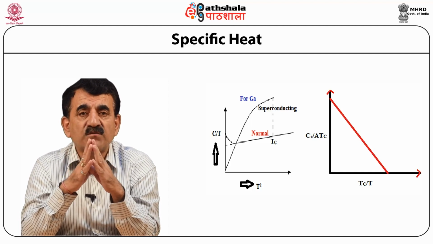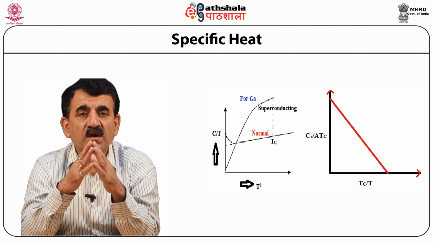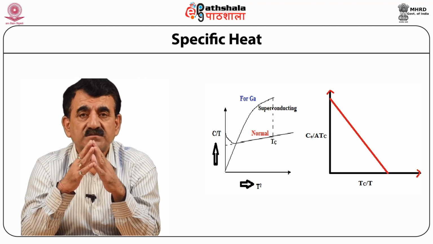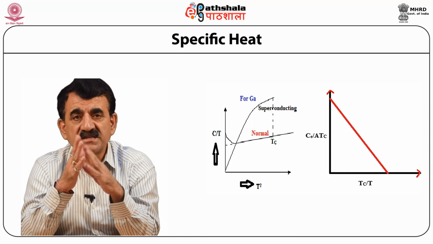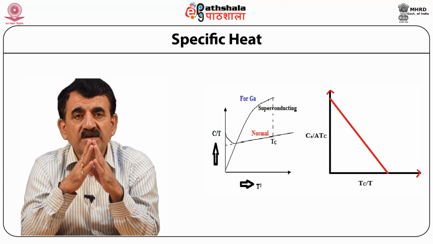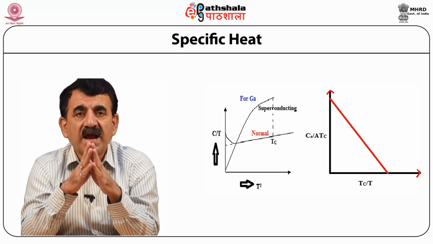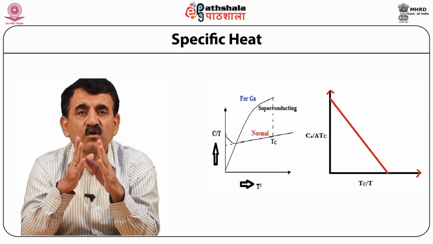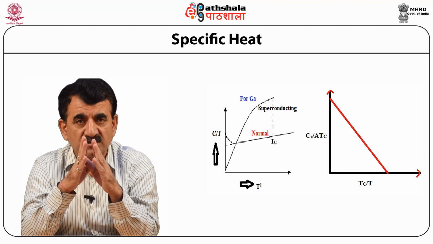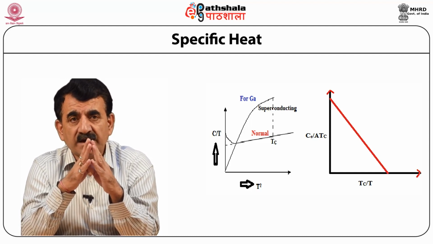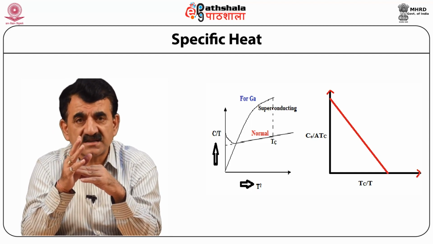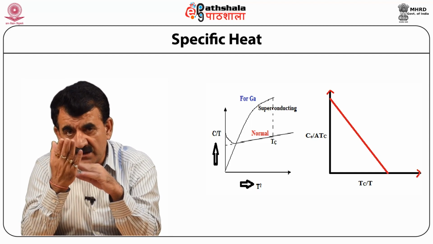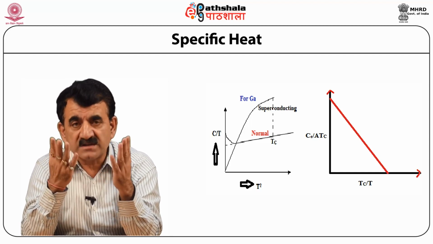So the temperature variation of heat capacity in the normal and superconducting states is shown in this graph. In the superconducting state, the lattice contribution remains the same and the only change occurs in the electronic contribution to specific heat, which is non-linear in the superconducting state, as we can visualize from the figure.